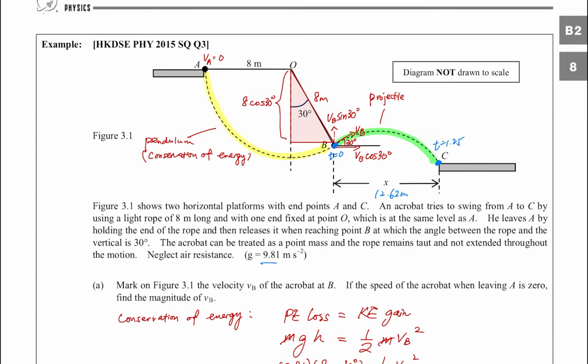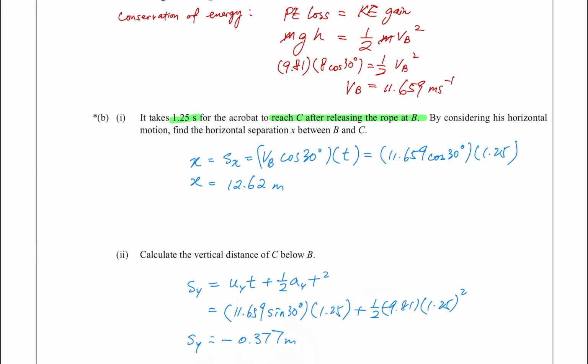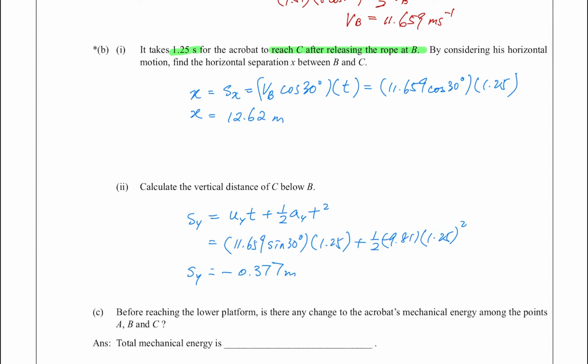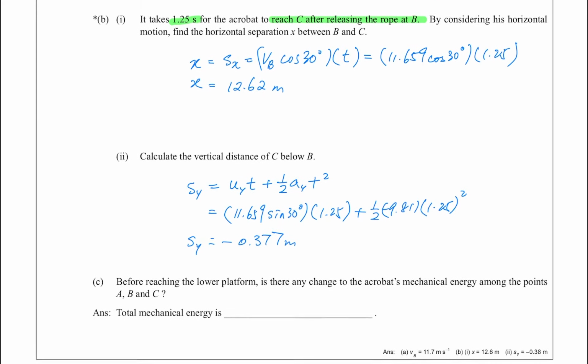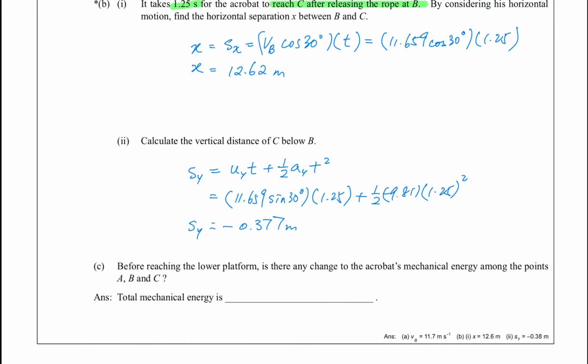That means when the acrobat swings from B to C, he has gone down 0.377 meter, the vertical distance between B and C.